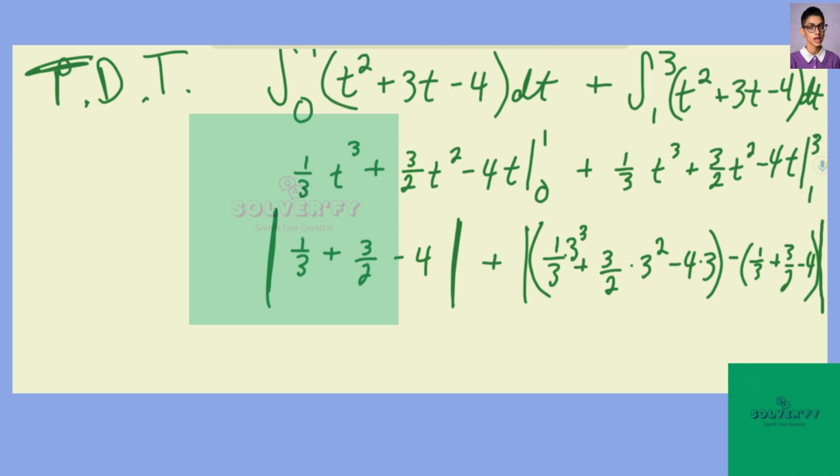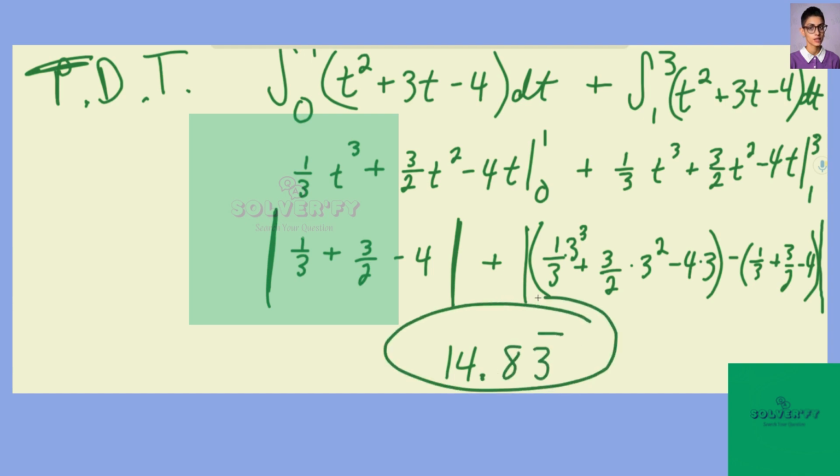Minus 12 minus the quantity, 1/3 plus 3 halves minus 4. And hopefully I typed this all in correctly because I don't want to go back and change anything. And I can change that to a decimal or to a fraction as well. Math frac will say 89.6. There we go.